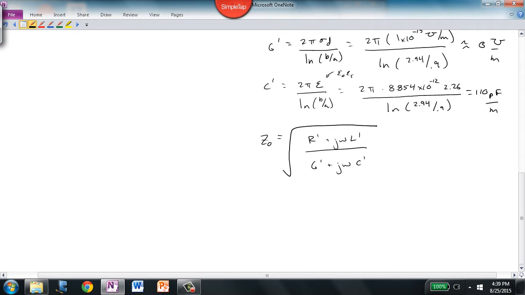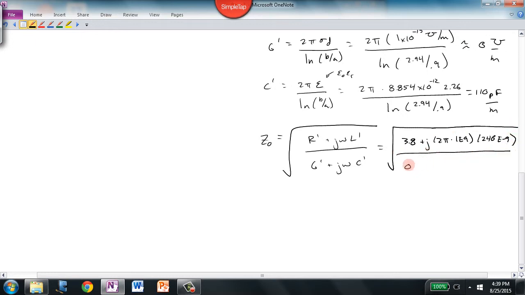This is going to be 3.8 plus J. Omega is 2 pi f, so that's 2 pi times the frequency, which was 1 gigahertz. And then L prime was 240 nanohenries. So that's the numerator. And then the denominator is going to be 0 plus J. Again, we need to convert from frequency to angular frequency, so 2 pi times 1 e to the 9th.